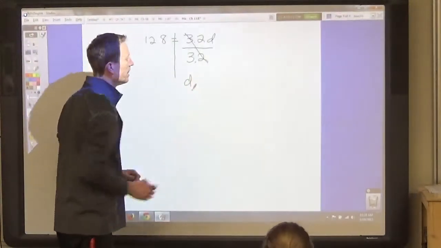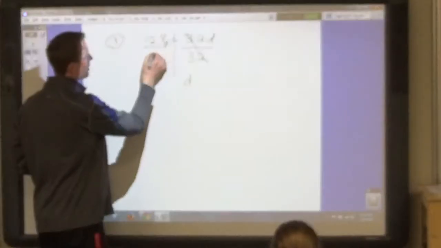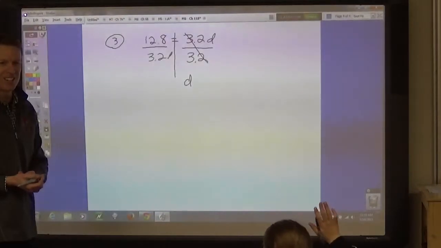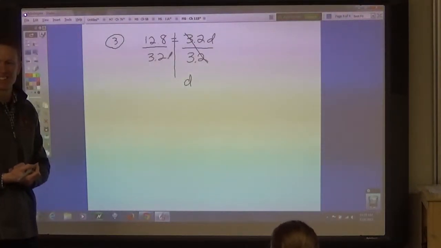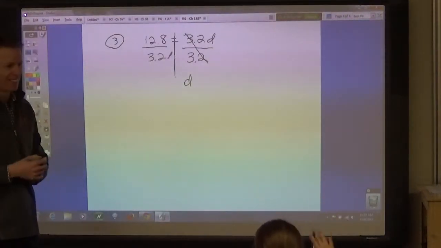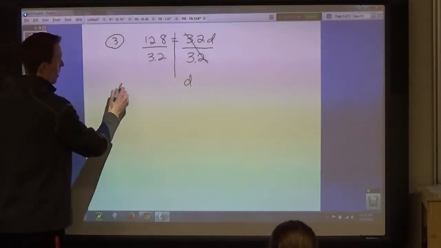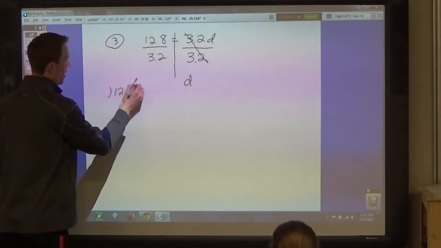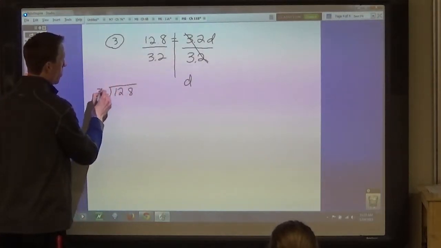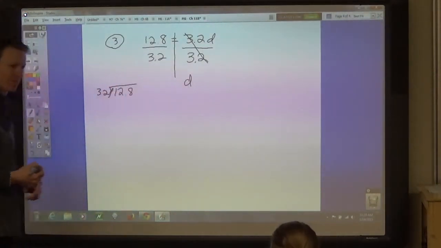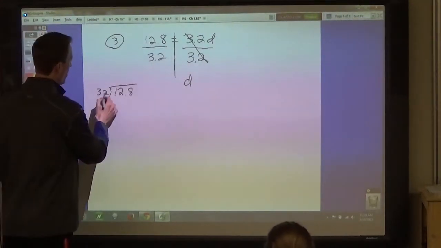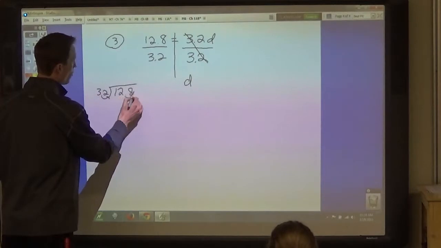That leaves 1b. Divide the other side by 3.2. How do you do that? Yep, 12.8 divided by 3.2 and solve it. Move the decimal place over.